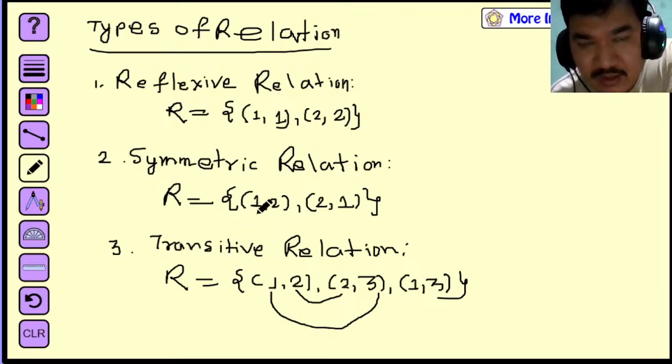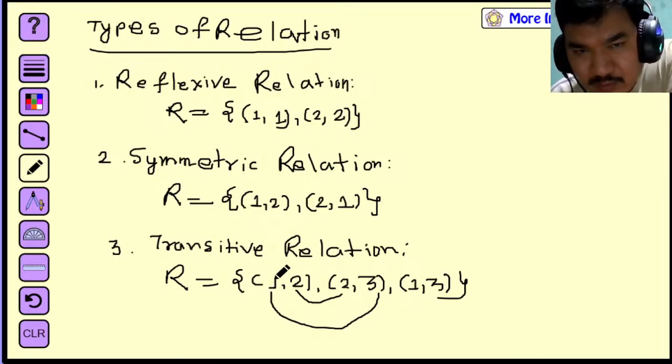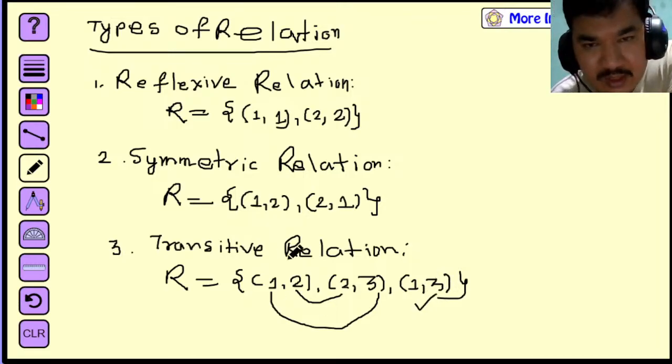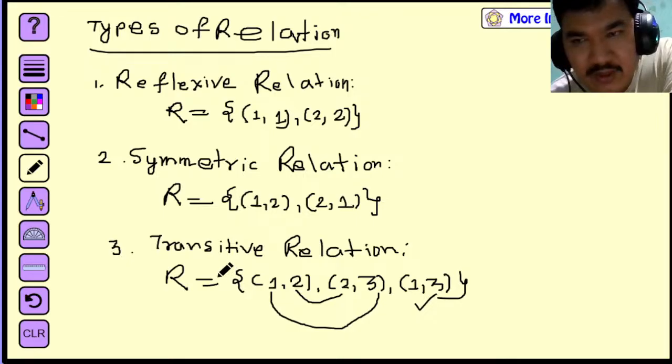In this ordered pair, the x component is 1, the y component is 2, and the reverse one is (2, 1). This is symmetric relation. And transitive relation: (1, 2), that 2 is here and 2 is here. Its y component becomes the x component of the next pair, and here is the new one, that is 3. The x component of the first and y component of the second make another ordered pair, the third one. Such a type of relation is known as transitive relation.